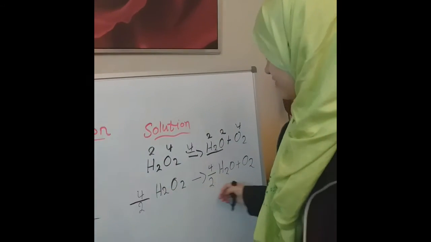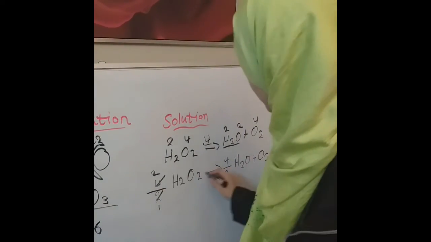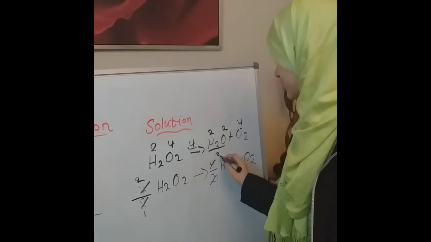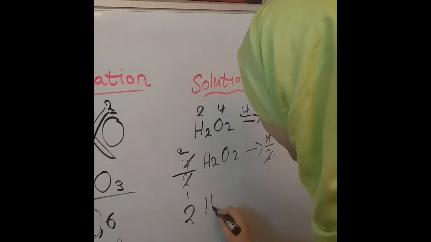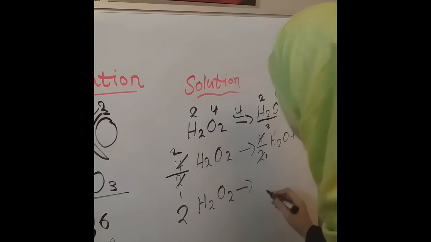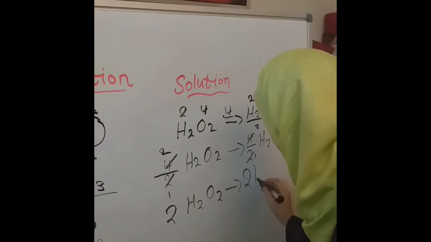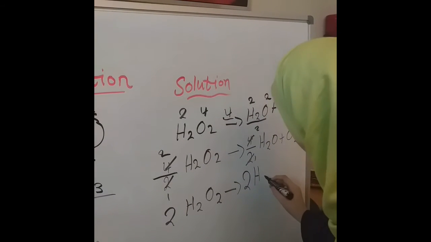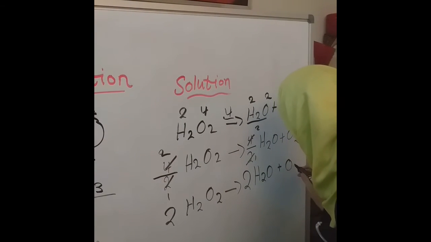After we divide, we cut by 1 and 2. The final result will be 2H2O2 = 2 atoms of water plus oxygen.